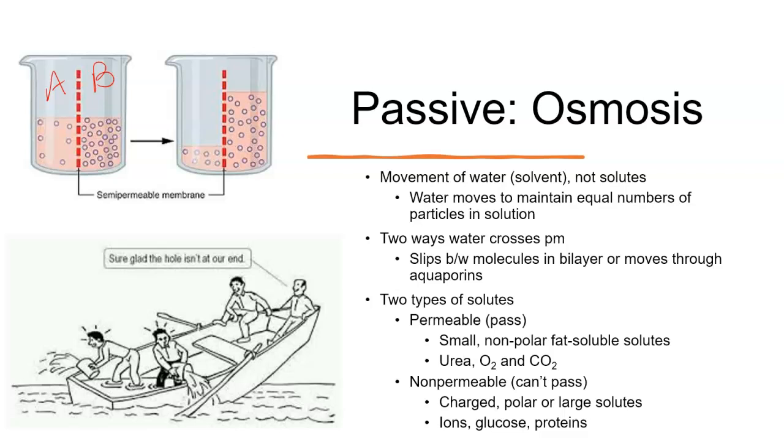Now side B has what we call a higher osmotic pressure. The simple way to understand that is the more solutes in a solution, the higher the osmotic pressure. So I say osmotic pressure sucks, because we just said that side B was going to suck water from side A.